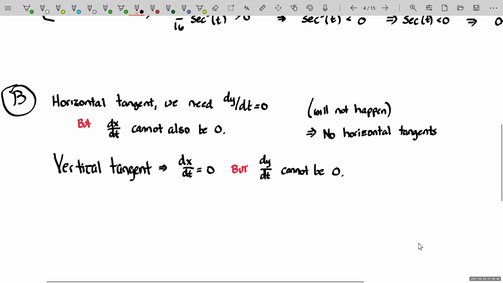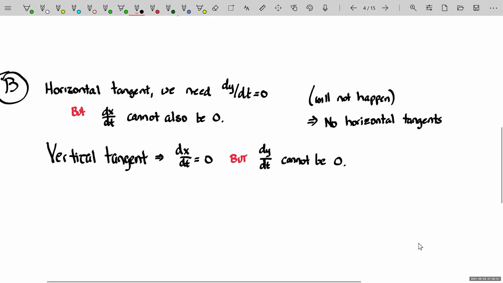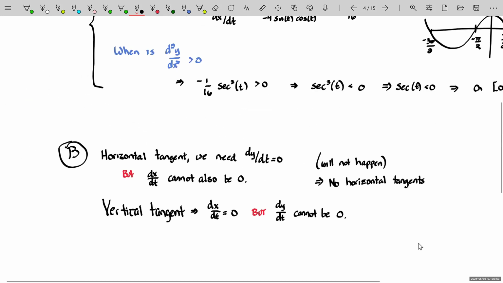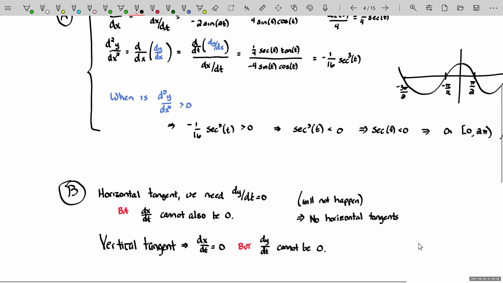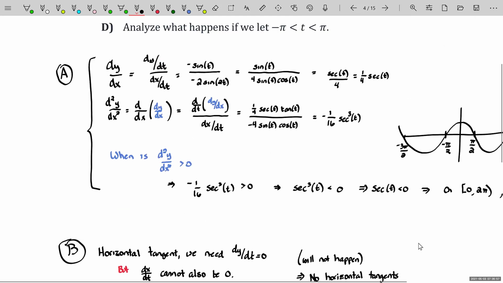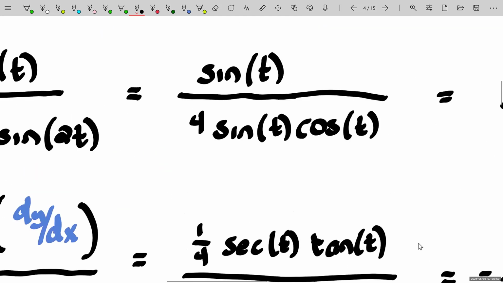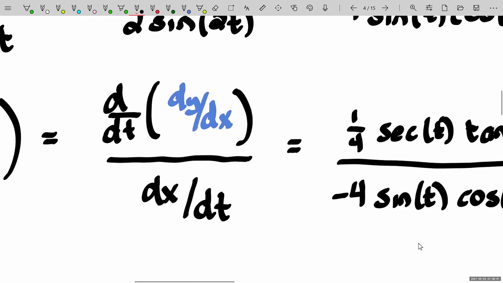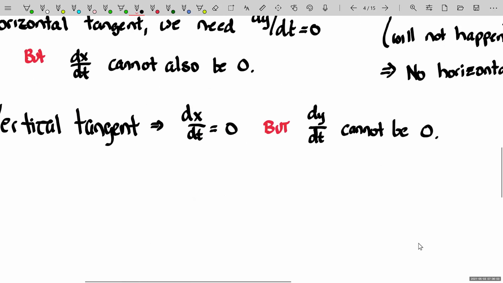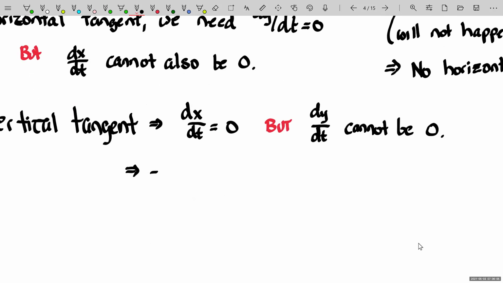All right, so let's find out when dx/dt is equal to 0. Luckily, we know what dx/dt is. It's technically negative 2 sine of 2t. I'll write that just to be careful. That means we want sine of 2t to be 0.